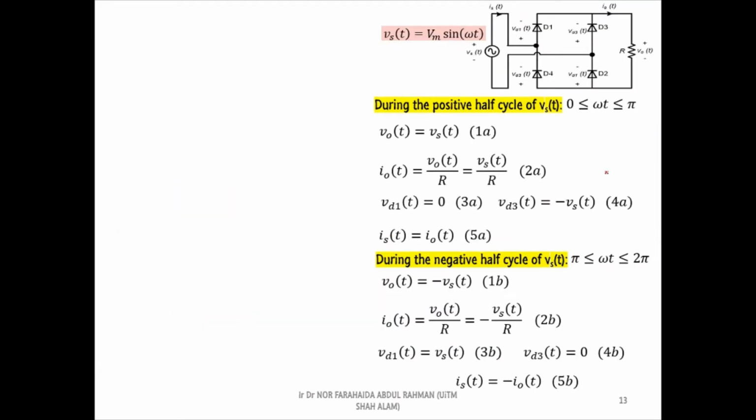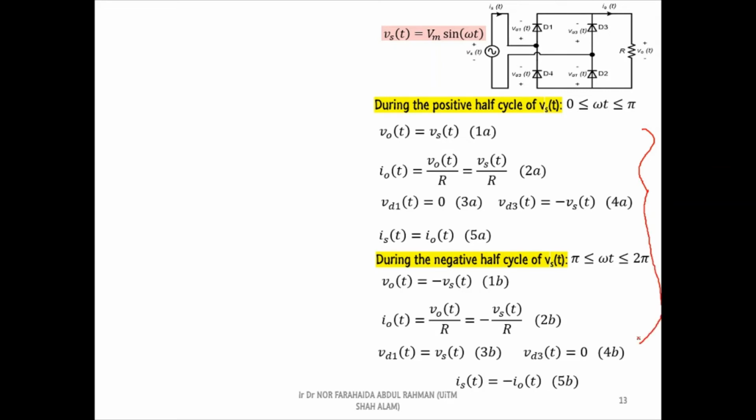Before I end this video, I will guide you on how to sketch voltage and current waveforms of a single-phase uncontrolled full-wave bridge rectifier with a resistive load. We will use these equations as our reference.